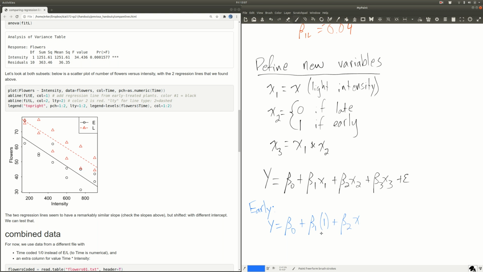Sorry, I screwed that up, out of order. So x1 is light intensity, right? So that varies, x1, plus beta 2 times x2. Now x2, if it's early, is a 1, plus beta 3 times x1 times x2. So if it's early, x2 is always 1. And so 1 times x1 is just x1.